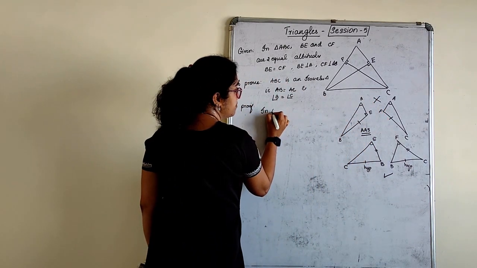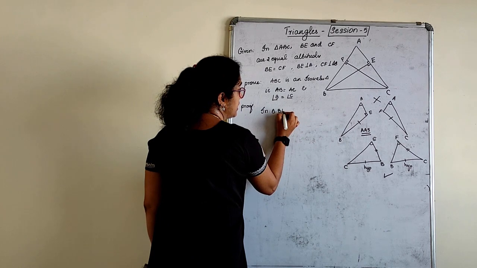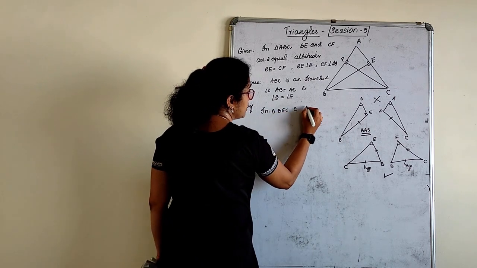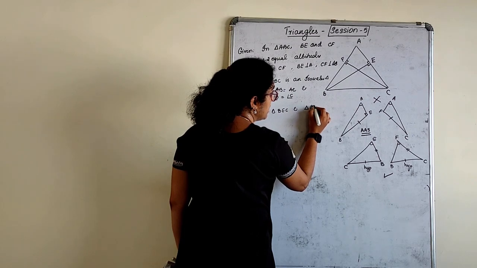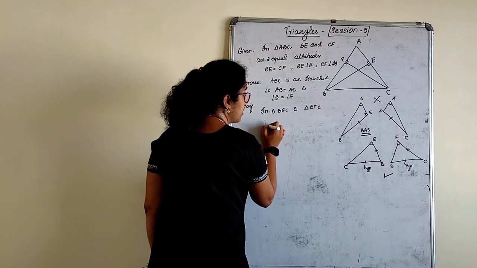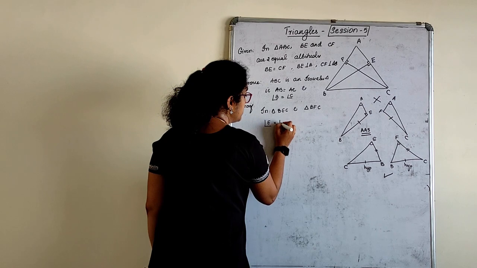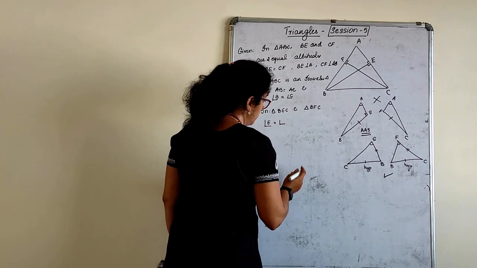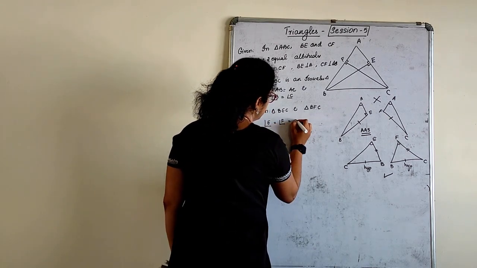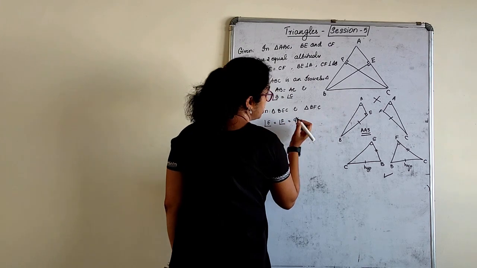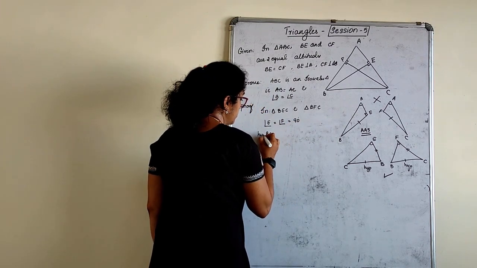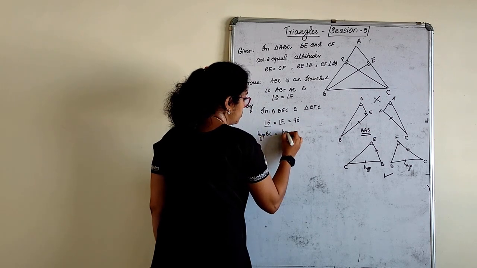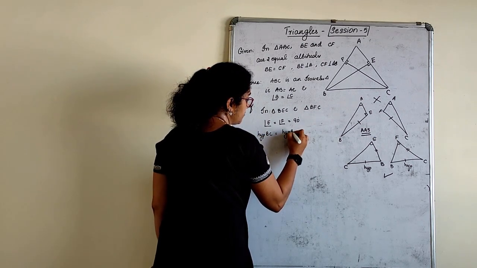In triangle BEC and triangle BFC, angle E is equal to angle F, that is equal to 90 degree. Okay. Hypotenuse BC is equal to hypotenuse BC.